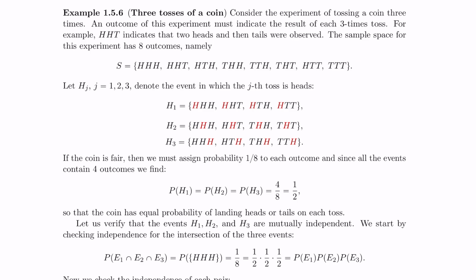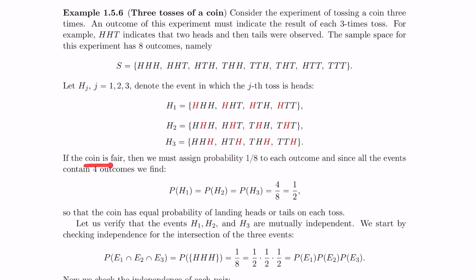Now let's consider 3 particular events, Hj, with j that goes from 1 to 3. H1 contains all the 3 tosses for which the first one is heads, and similarly for H2 and H3, as you can see.